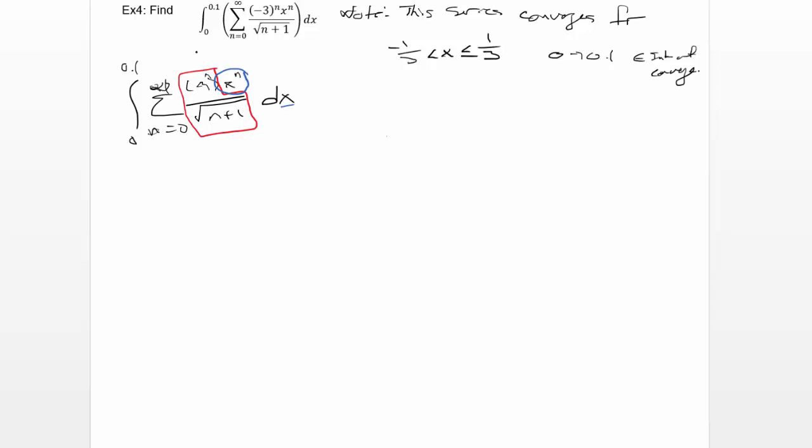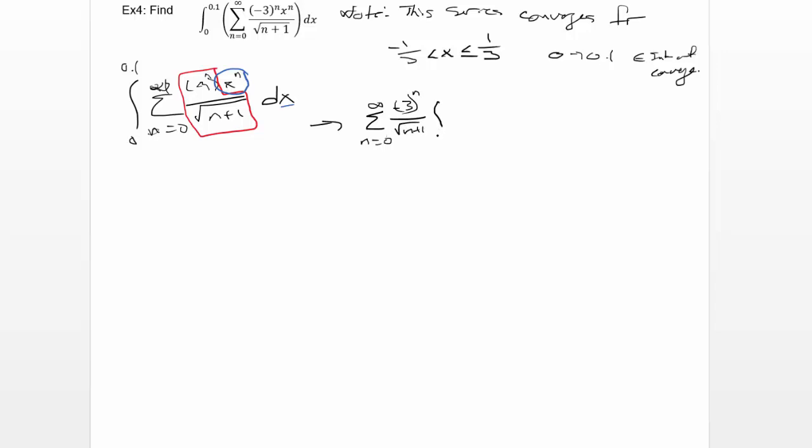So term by term, this integral is really the same as adding together a bunch of terms that have the form (-3)^n over the square root of n plus 1.